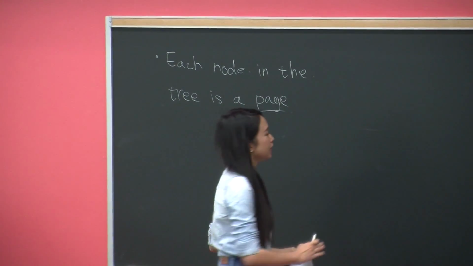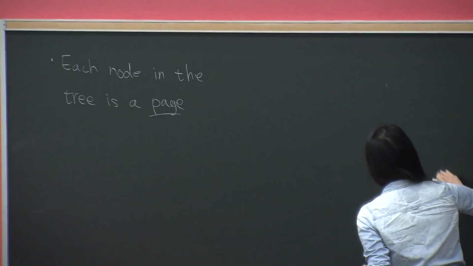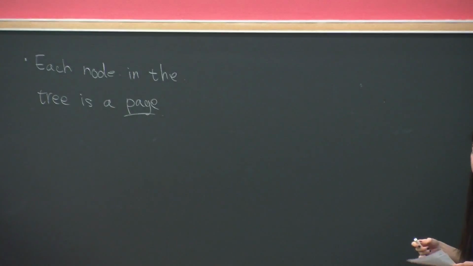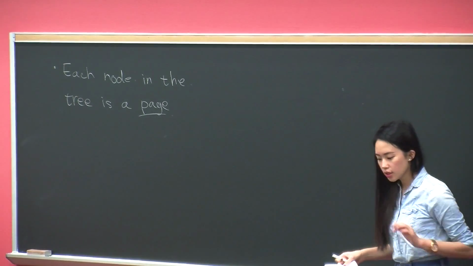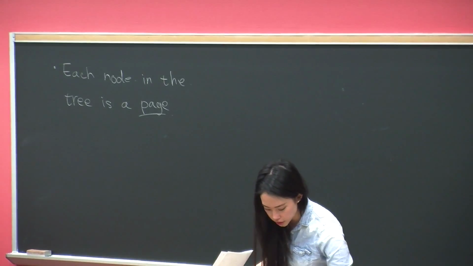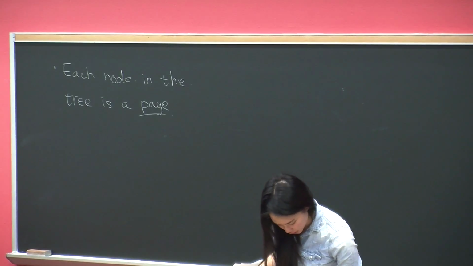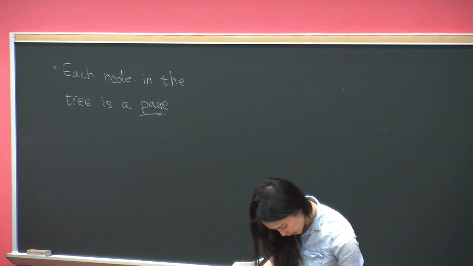Okay, so say today we have a bunch of data that we want to store, and we want to access it based on certain attributes. So I'll show you how the tree is actually constructed, and the example is on page 8.